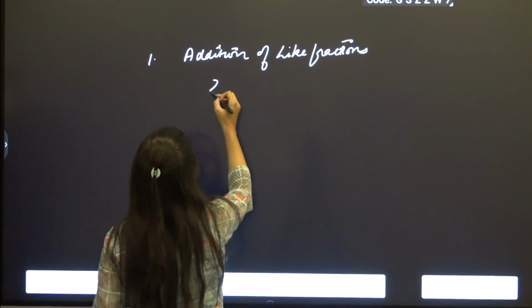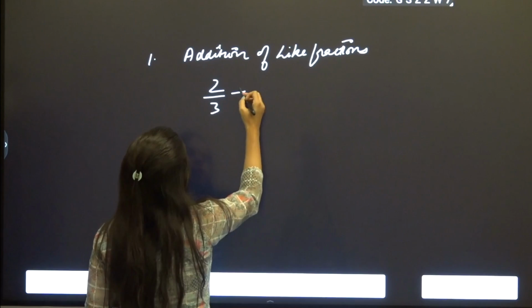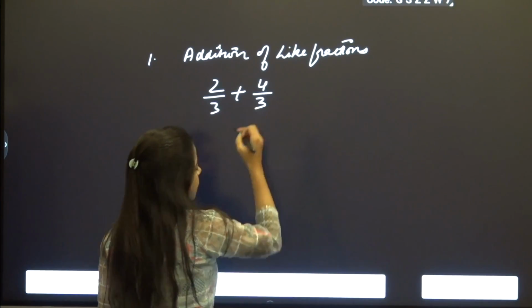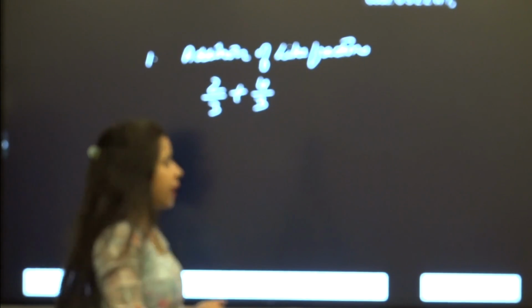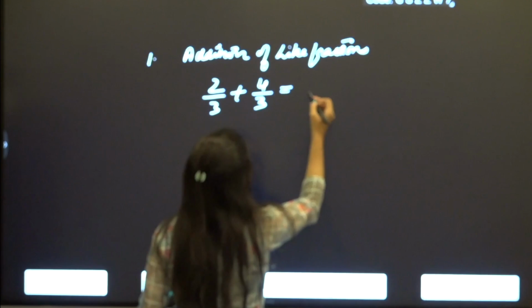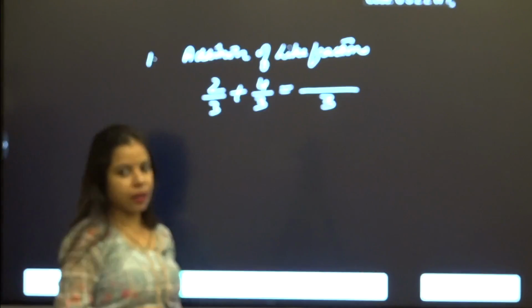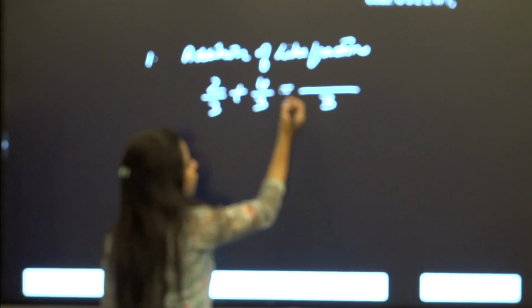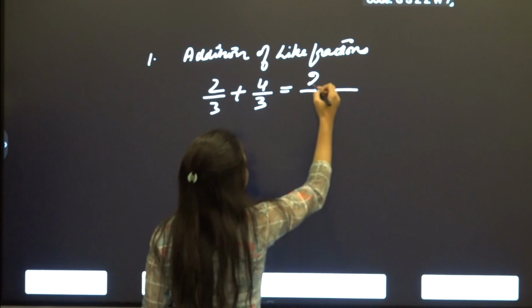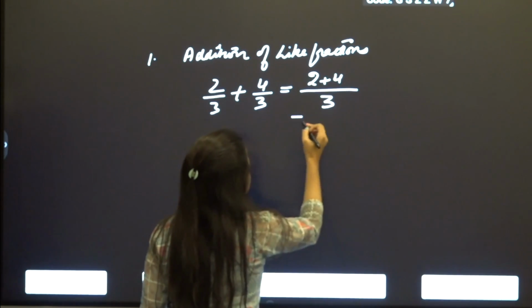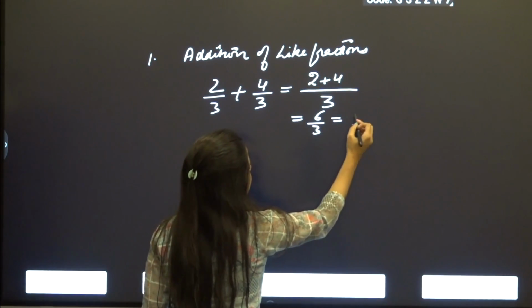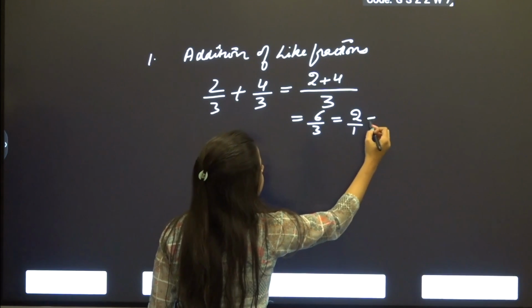Let's say 2 by 3 and 4 by 3. Both are like fractions. In the case of like fractions, we take the common denominator. Here the common denominator is 3 and we add the numerators as they are. So, this becomes 6 by 3 and the answer is 2 by 1, which is 2.